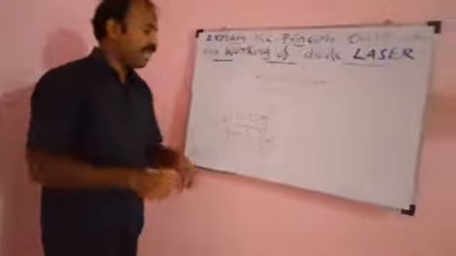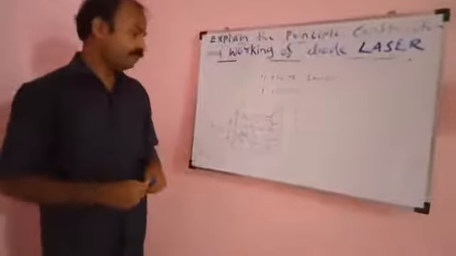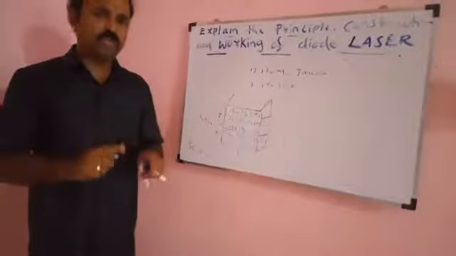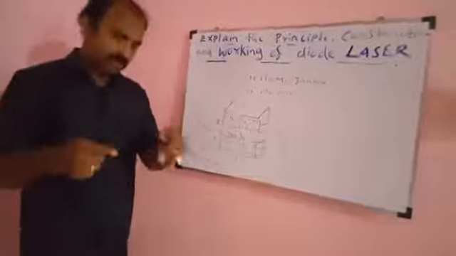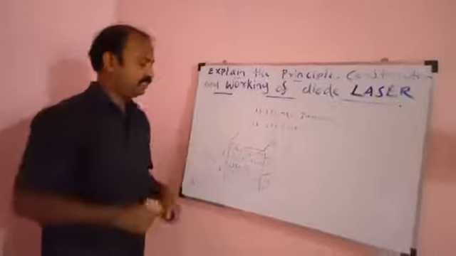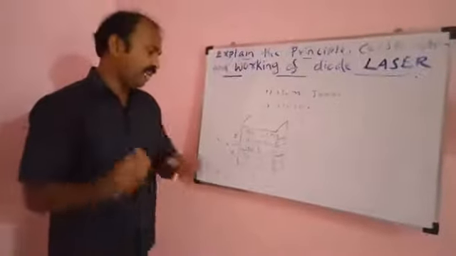The emitted light we also call the primary photon. This primary photon stimulates the further emission of photons from this area, that is stimulated emission.